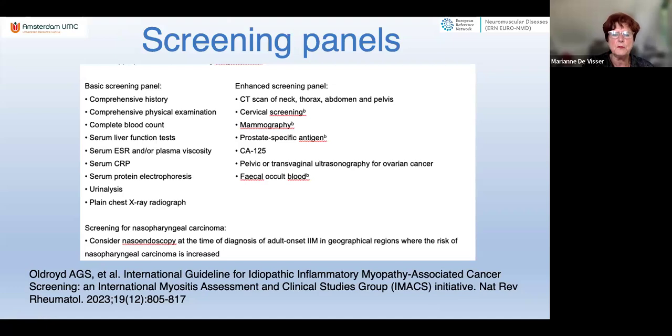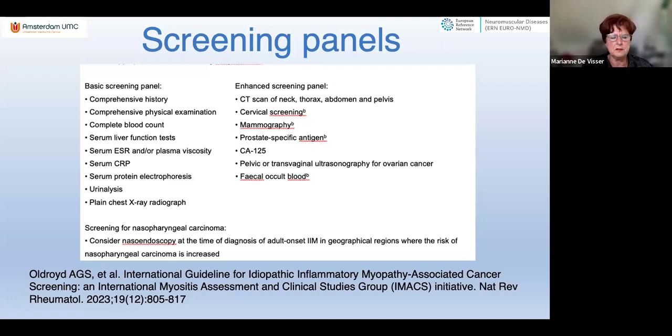It is of utmost importance, as you know, to timely screen for the presence of cancer, because this is an important prognostic factor, and obviously the order of screening is determined by presenting signs and symptoms. There are lots of cancers which can be found on screening.